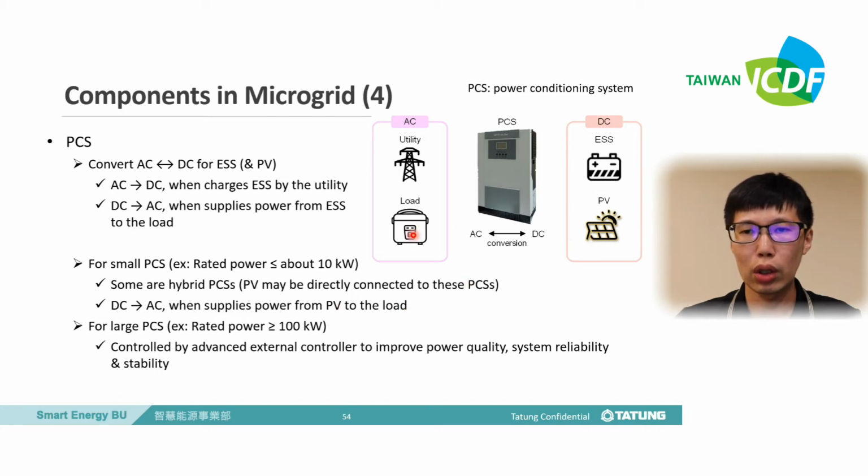For large PCS, for example, the rated power is larger than 100 kilowatts, these PCS may be controlled by an advanced external controller to improve the power quality or system reliability and stability.